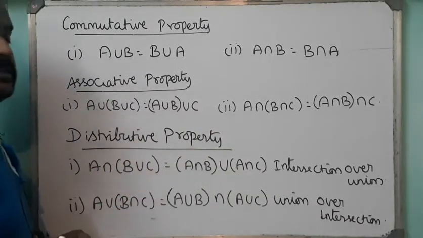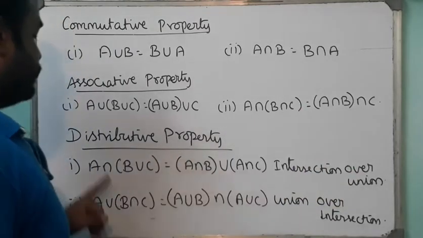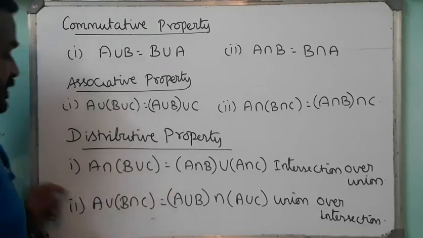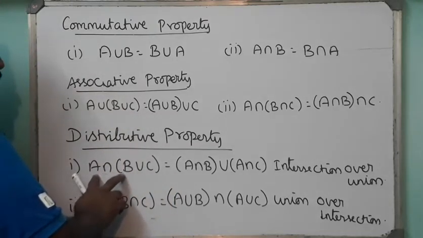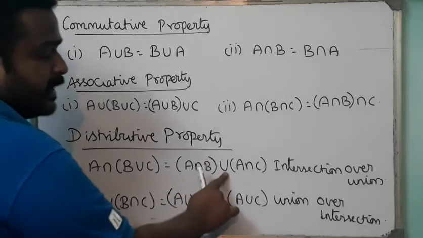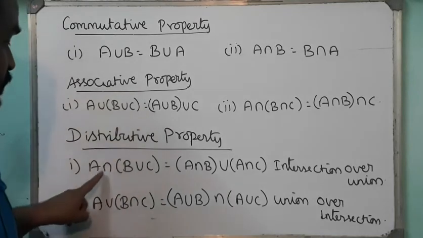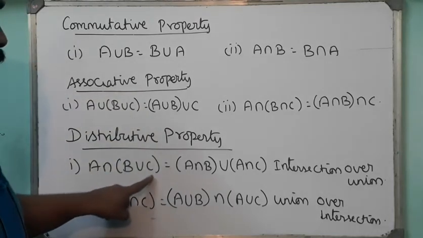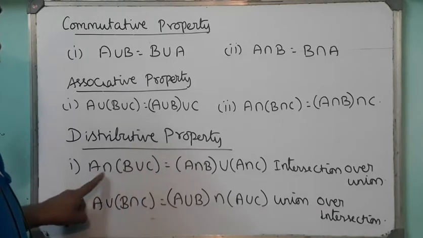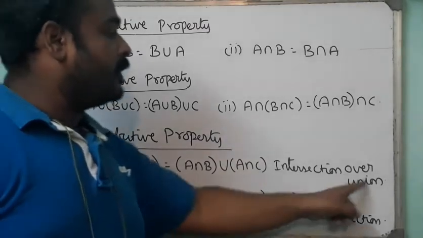Then the third one is distributive property. Distributive என்ன distribute பண்றோம் அப்படினு சொல்லிட்டு அர்த்தம். Spread பண்றோம்னு அர்த்தம். So A intersection (B union C) equal to (A intersection B) union (A intersection C). You can see இந்த intersection இங்க உள்ளுக்குள்ள spread ஆகுது. A intersection B, இந்த union பாருங்க சென்டர்ல வந்துருச்சு, union A intersection C. This is intersection over union.